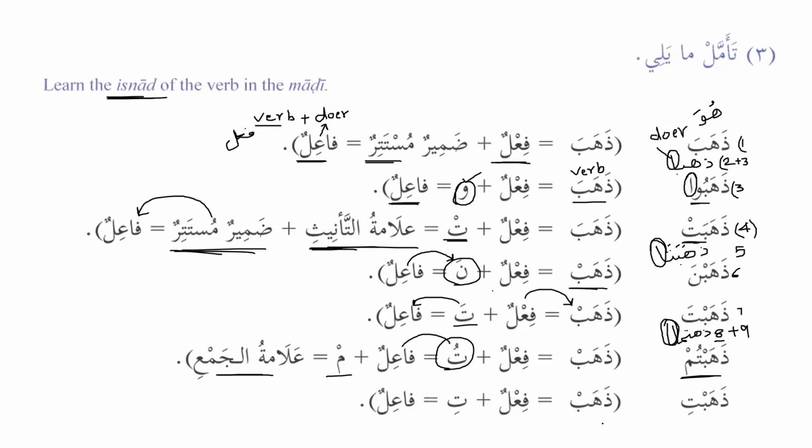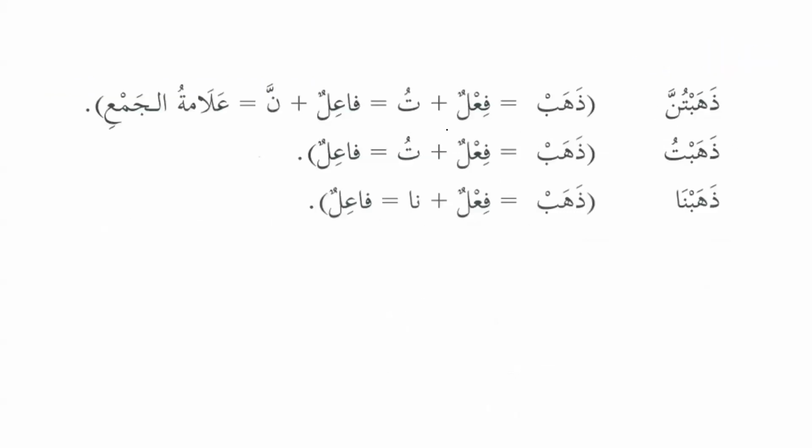In dhahabti, we have ti is the fail, as we can see over here. So these are the doers that are inbuilt in every verb. And dhahabtunna, in dhahabtunna, again we have tu, and then the fail is the tu, and then noon with tashdid is alamatul jama'. You all ladies went.